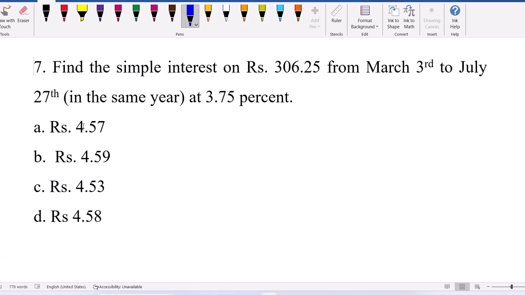Find the simple interest on rupees 306.25 from March 3rd to July 27th, the same year, at 3.75% per annum. By default, the rate of interest is always per annum.